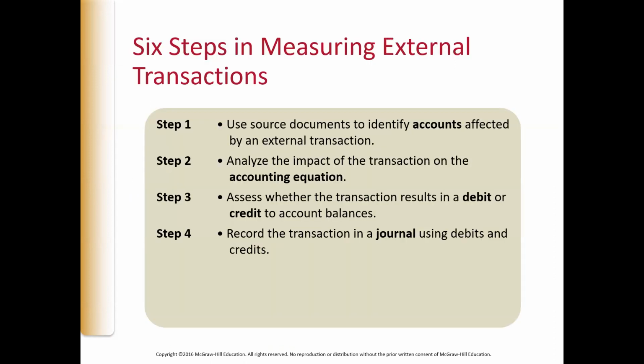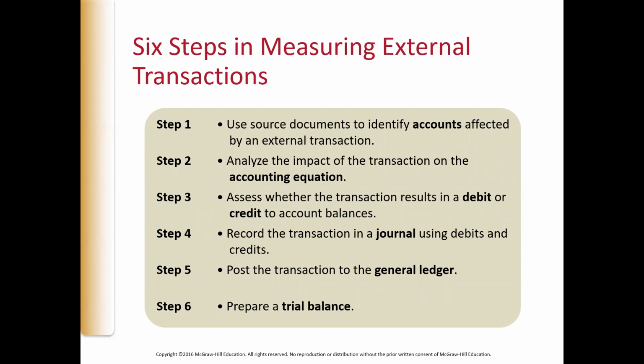We will find source documents, and we'll go through this, that identify the accounts that are going to be affected by the transactions companies have with external users. Then we're going to look at each transaction and see how it impacts the accounting equation.